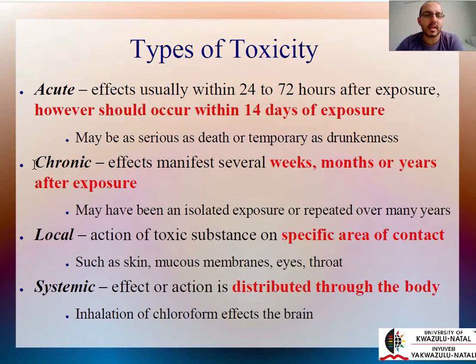Then there are chronic toxicity measurements, which measure the effects manifesting over several weeks, months, or years of exposure. And this could be an isolated exposure. Let's say you're exposed once to it, and you look at the chronic effects for years and years, or you could be exposed to it repeatedly over many years.